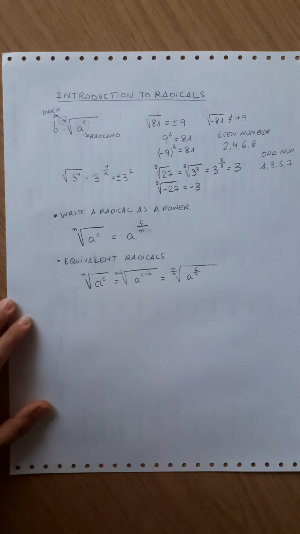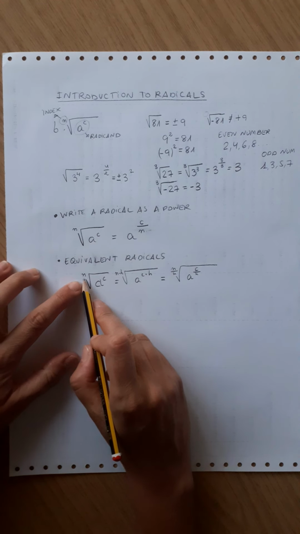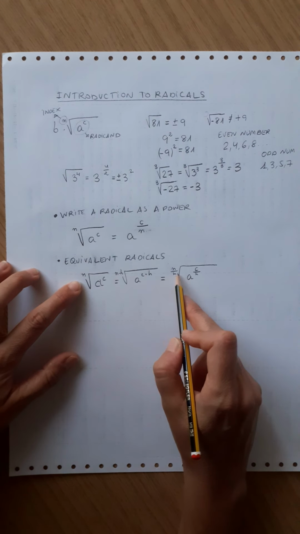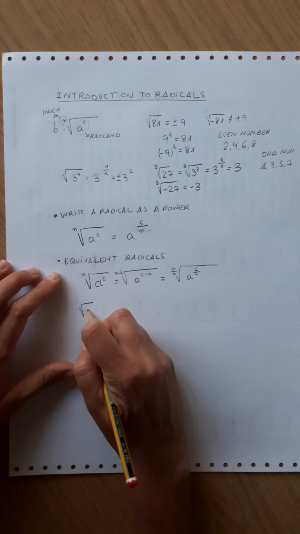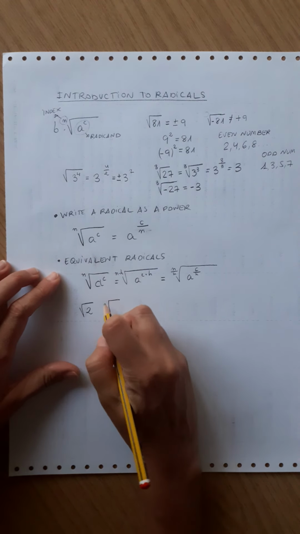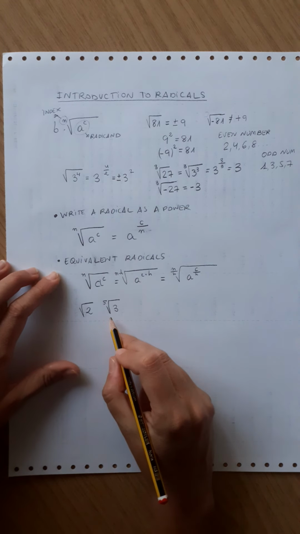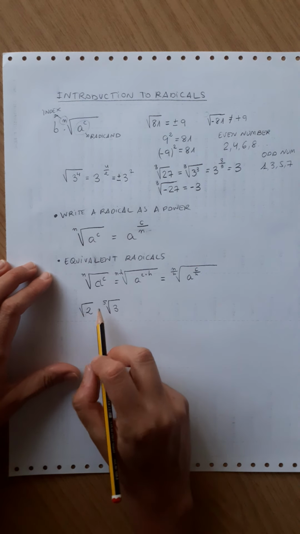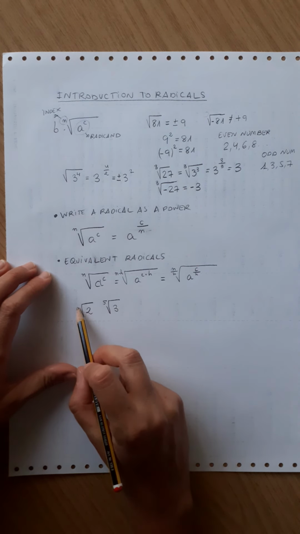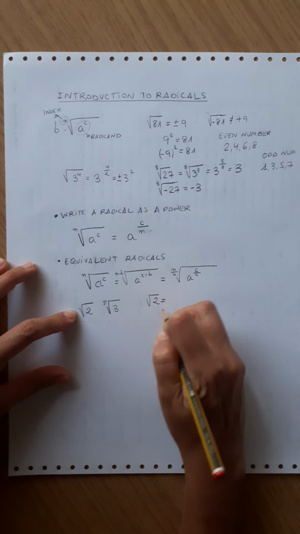If I have two different radicals, I could find radicals with the same index, all right? So for example, imagine that I have a square root of 2 and a fifth root of 3. I could find equivalent radicals with the same index. So this is similar to when we work with fractions, okay?